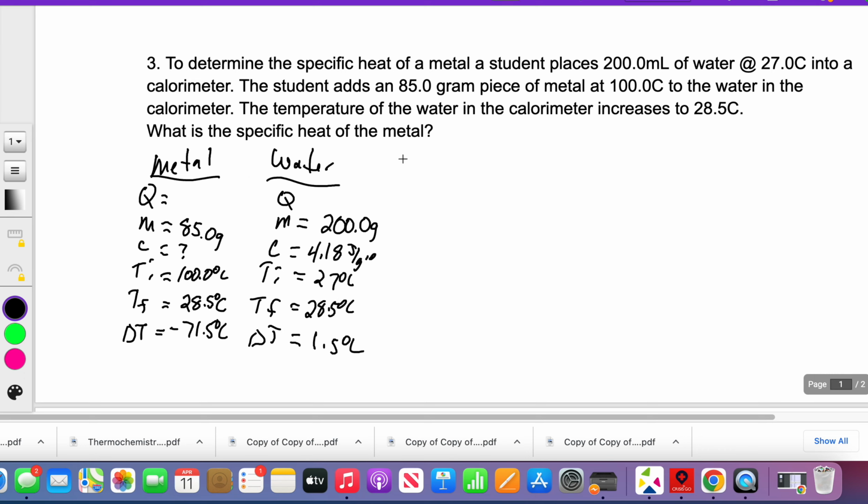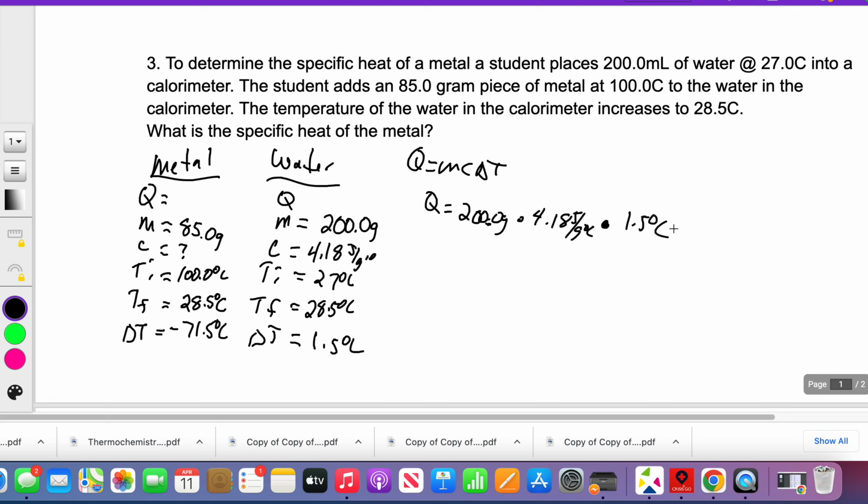All right, now what you want to do first for the water is Q equals MC delta T to figure out how much energy the water gained. So I'm going to put in the mass, 200 grams, times the specific heat of water, 4.18 joules per gram degree Celsius, times the temperature change of the water.